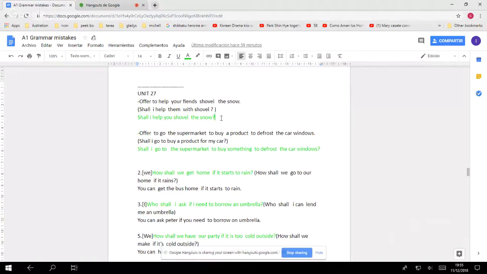Do you know what is the meaning of shovel? How can I explain this? It is a thing made of wood. How do you say pala in English? Yes, exactly, shovel.